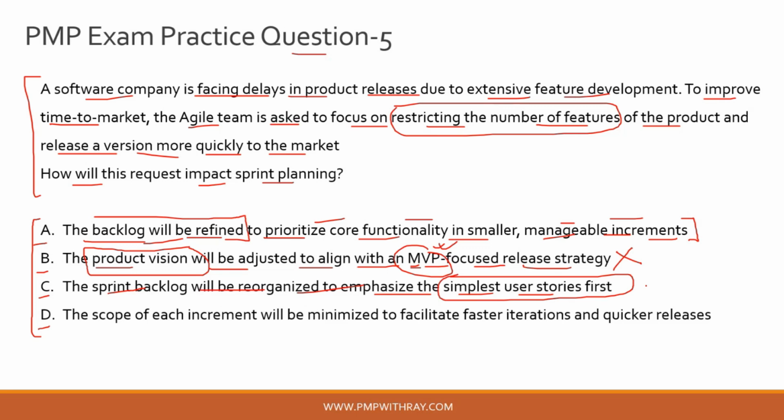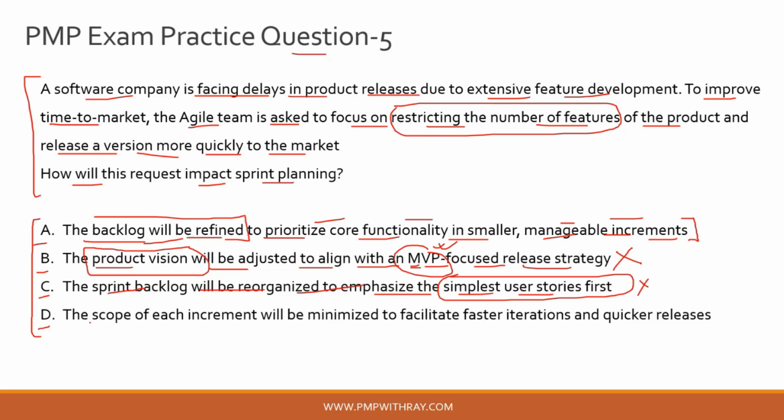Of course, user stories 1, 2, and 3 might be very simple to execute, but that doesn't mean they will be part of the first release version or the MVP. That is a very bold, or tangential, assumption to make. Might be the case, might not be the case. That is why answer option C is also incorrect.